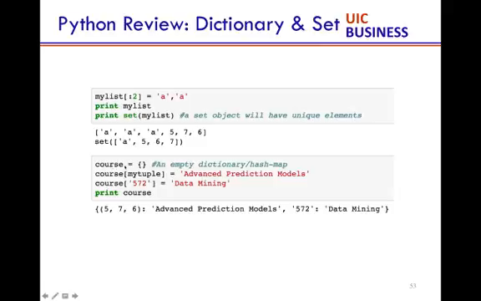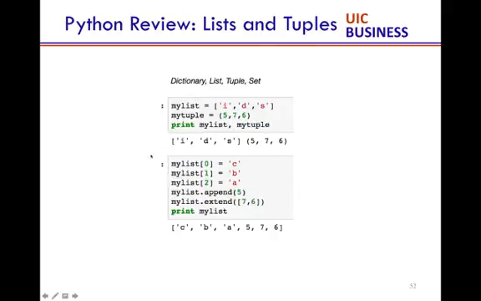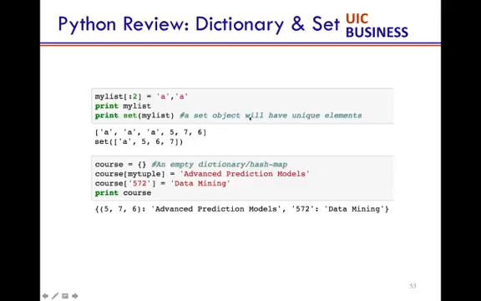So course is the dictionary's name, and the key is going to be this tuple. I think the tuple was 576, and I'm going to assign a value which is going to be advanced prediction models. 572 as data mining. And if I print the dictionary, with this key I'll get this string, and with this key I get this string.